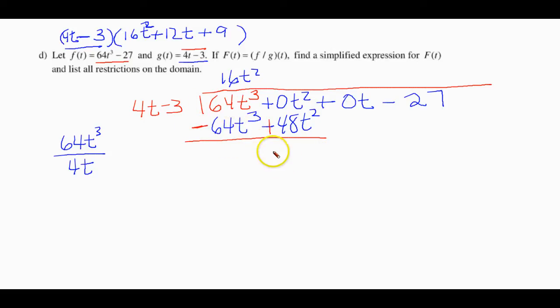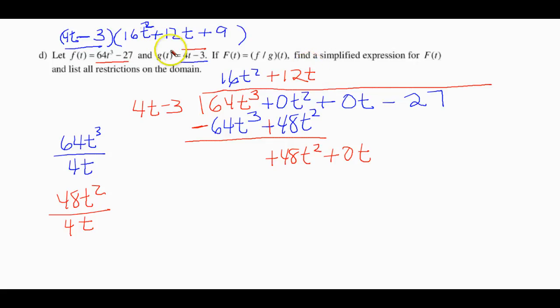So this is 0, and this becomes a plus 48t squared. And we can bring down our 0t. Now we have 48t squared divided by 4t. Well, 4 goes into 48 a positive 12 times. And we have a t. And so far, so good.